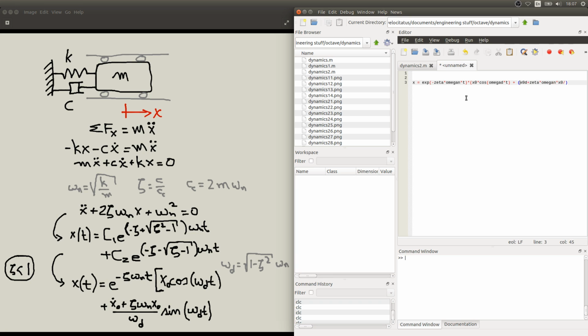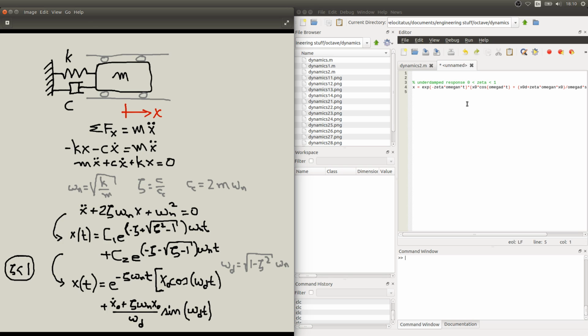So all that divided by our damped frequency omega d, and then finally times sine of our damped natural frequency. So that's our first expression. That's our response, or our underdamped response, and that will happen when zeta is less than 1, or more precisely when zeta is between 0 and 1.